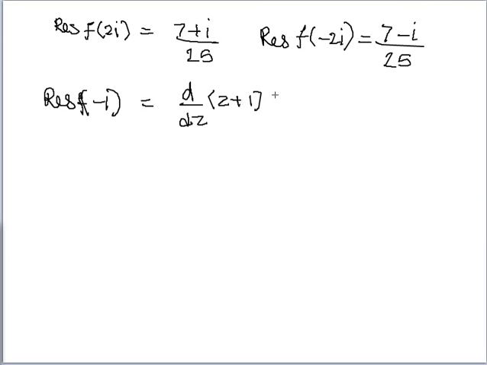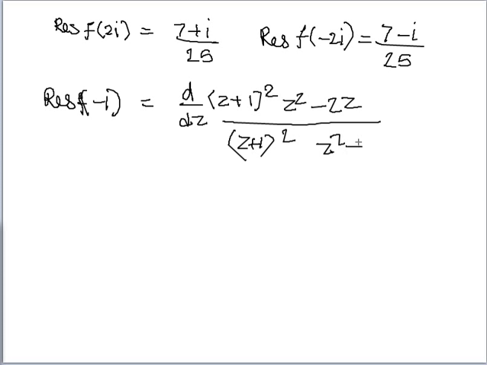Our function is (z square minus 2z) upon ((z plus 1) whole square times (z square plus 4)). So this cancels out. Now the remaining term, (z square minus 2z) upon (z square plus 4), we can differentiate one time with respect to z. For differentiating we use the formula for u by v.